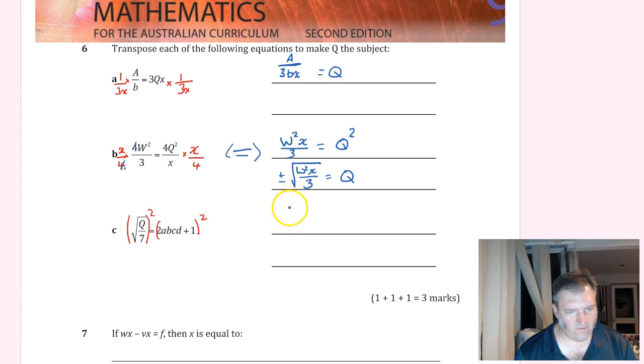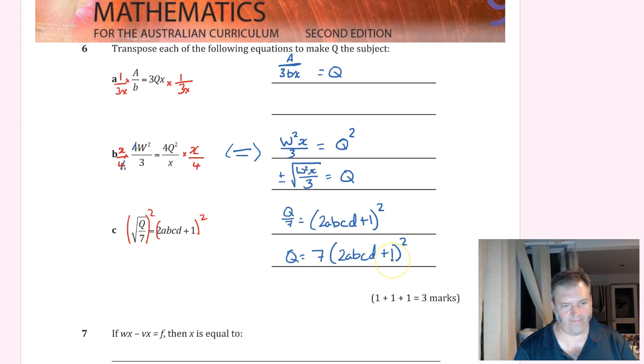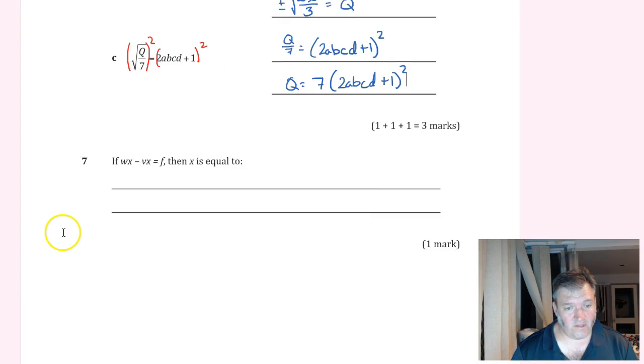Okay, so I'm going to have Q divided by 7 equals 2abcd plus 1 all squared. Last step, what's the opposite of dividing by 7? Multiplying by 7. Q is going to equal 7 multiplied by 2abcd plus 1 all squared. That's it. That's all you have to do for that one.